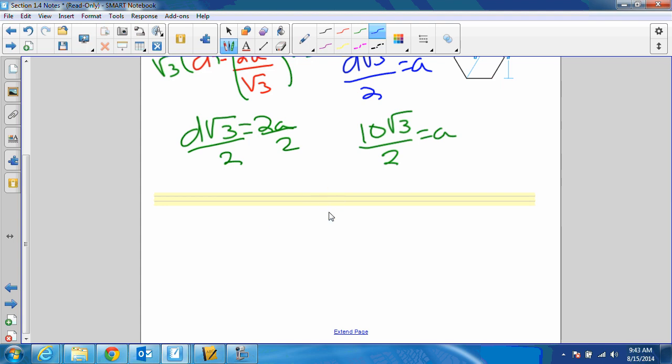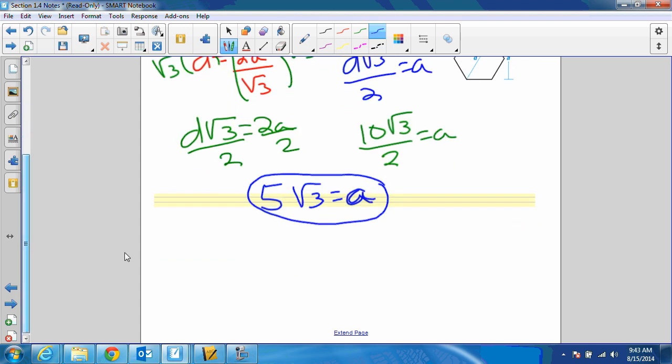So we can reduce that down to 5 square root of 3 equals a. And that's probably a decent form to leave it in, and it doesn't say which form to leave it in. If it said leave it in radical form, it'd be 5 square root of 3. If they say round to the nearest hundredth, then you'd want to write 5 times square root of 3 in your calculator, which gives you 8.66.